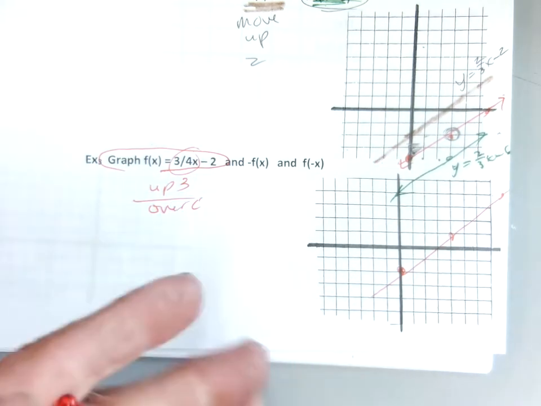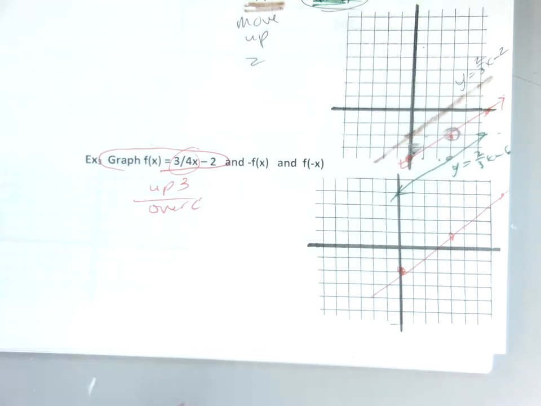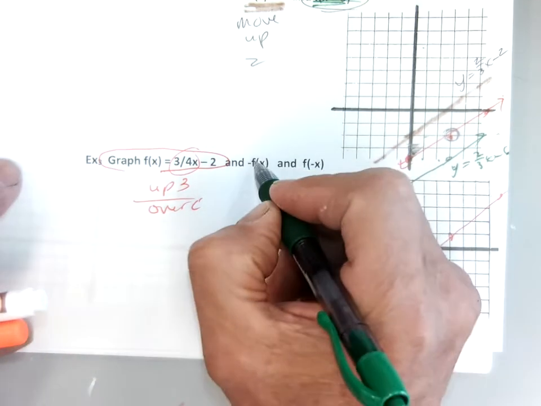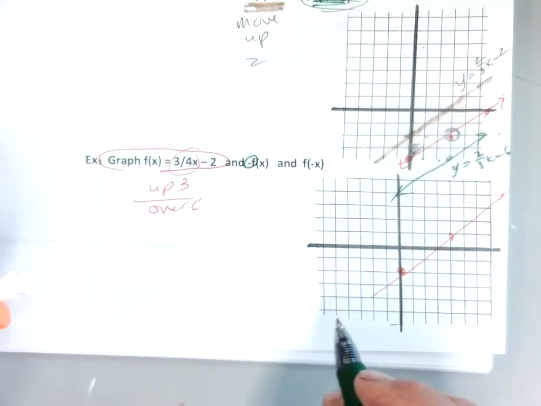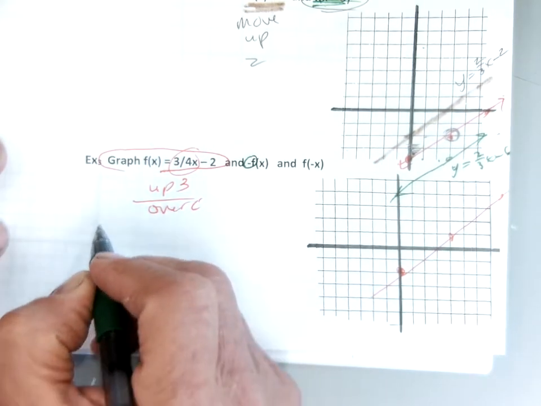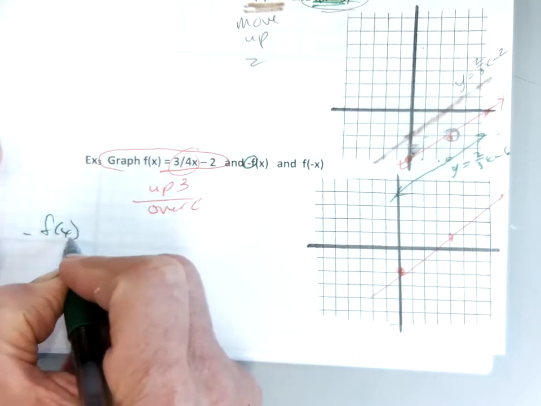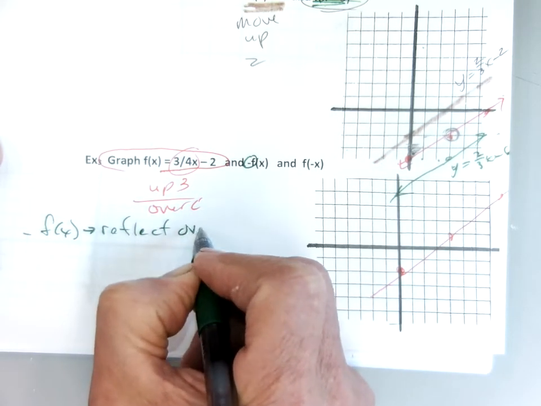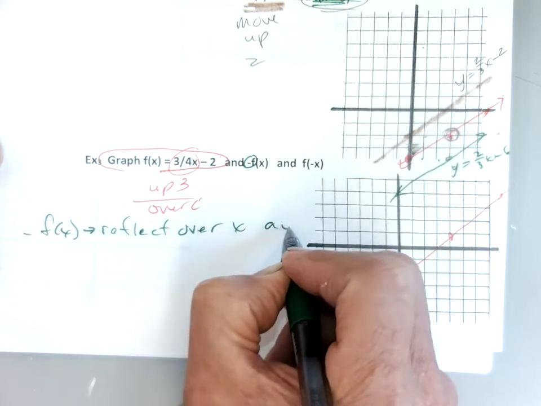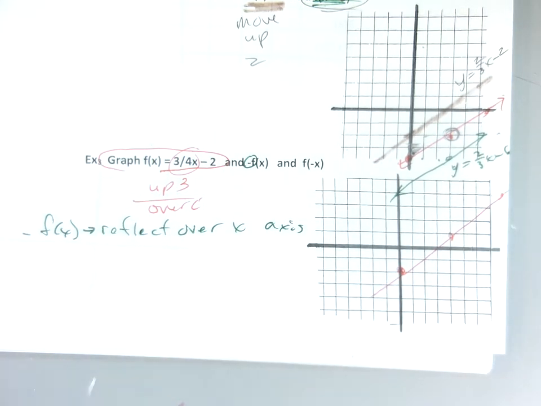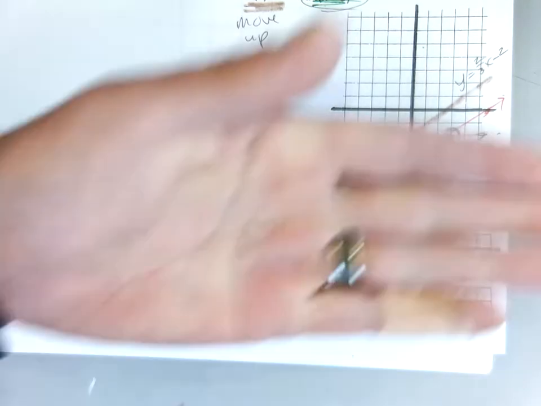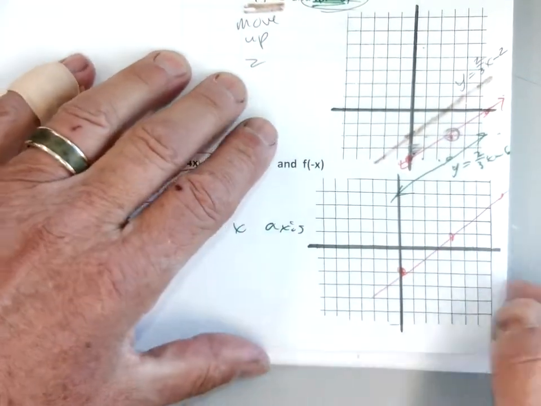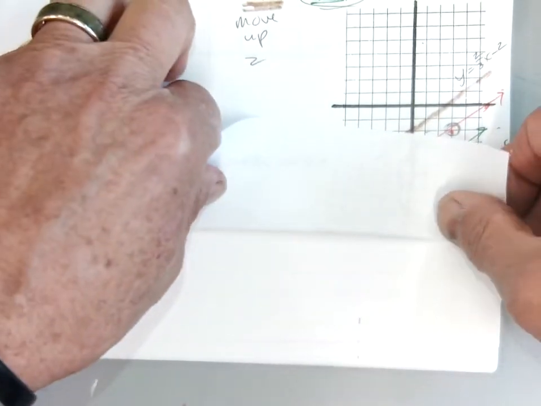Okay. Now, if you have a negative f of x, we saw in our journal that's going to be a reflection over the x-axis. Let's see if I can do that. I'm going to fold, see if you guys can see it. I'm going to fold this whole line over the x-axis, okay?